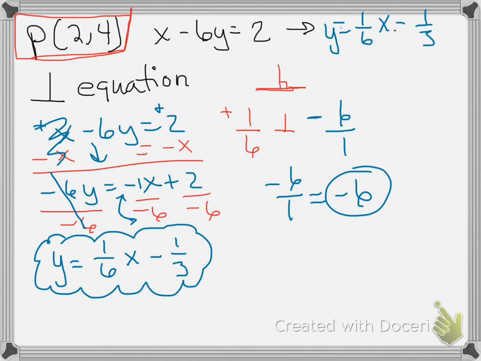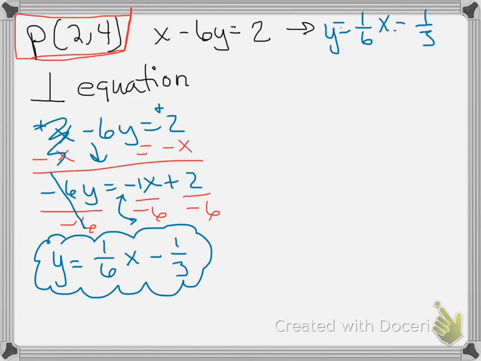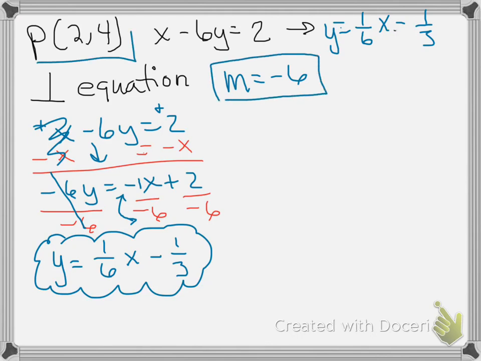So let's go back and change this. I should have written that down: the slope now is going to be negative 6, because we just showed you how to do it. So now I have a point and I have a slope. This is my slope here, and this is my point here.